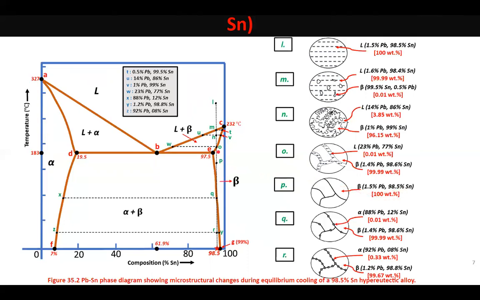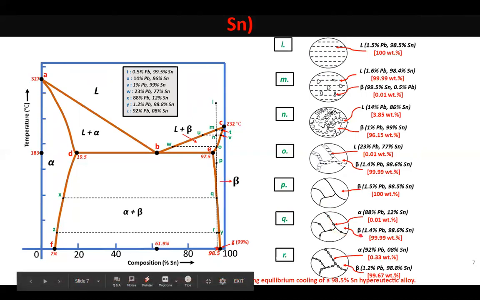But then as you move beyond point P and reach point Q, the beta phase present in the alloy gets completely saturated in lead, and now it says that I cannot accommodate this 1.5 percent of lead, and I will precipitate this lead out of myself to some extent, and this will lead to the formation of alpha. But because this alpha is coming out as another solid solution in the presence of an already existing solid solution, this will always come at the grain boundaries.